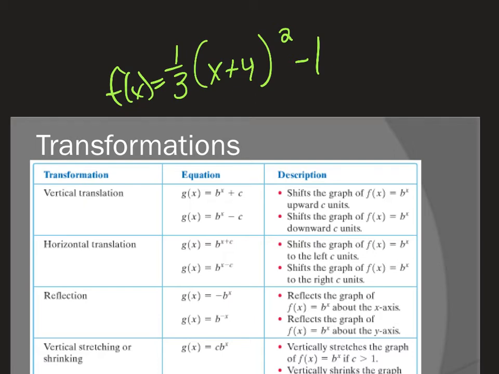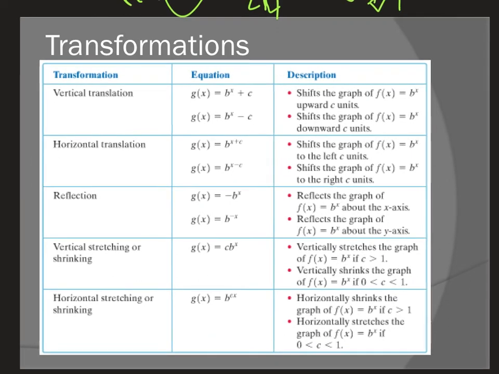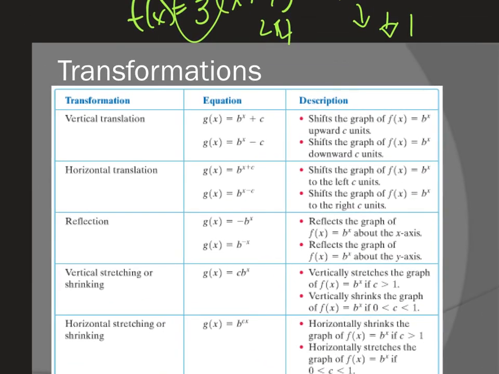Nobody knows? Go down. Okay, down 1. This is my vertical shift, so it's down 1. And left 4. It's going to go left 4. Good, Pablo. And then what does this 1/3 out in front mean? Is it going to shrink or is it going to stretch? Vertical shrink or vertical stretch? A shrink.